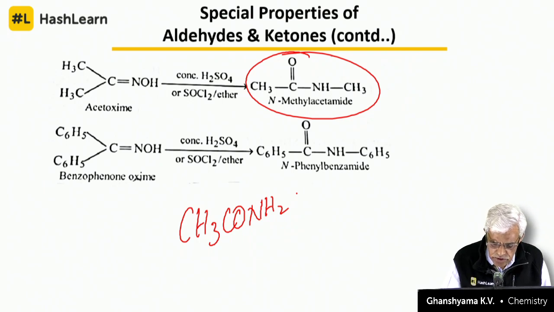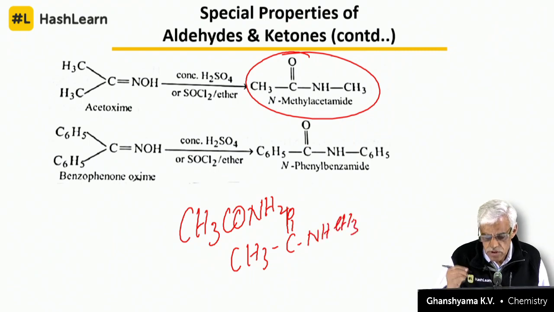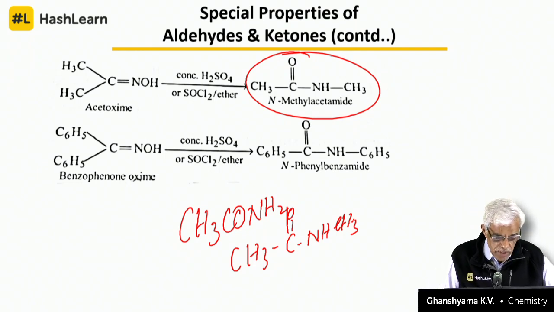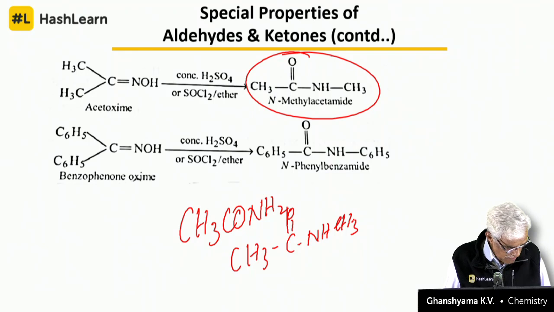This compound is CH3 CO NH CH3. This is N-methyl acetamide. So, acetamide changes to N-methyl acetamide.